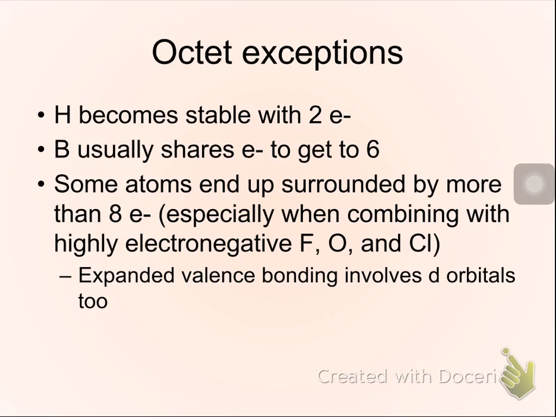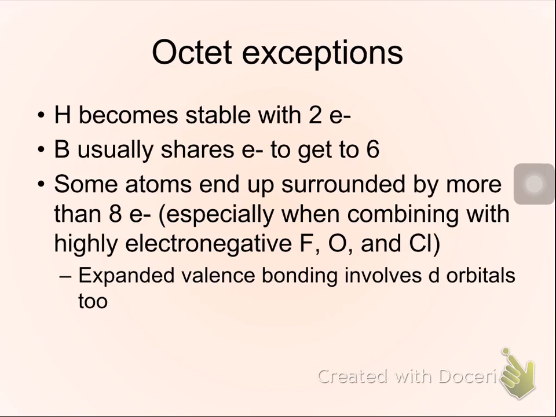When we start doing structural formulas, you'll need to keep these in mind. So hydrogen only needs 2 electrons to be stable. That's because it's only got one energy level. Boron, and I don't know why, and this is very weird, it's stable with 6. 6 electrons makes boron happy. Somebody knows why, but it's not me.